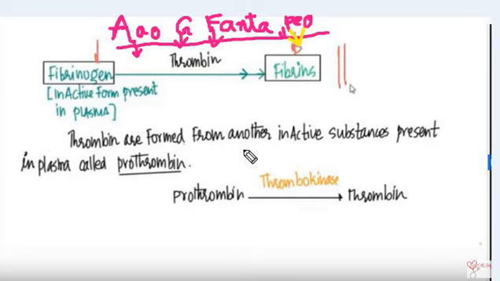Prothrombin is present as an inactive substance in the plasma, and it is converted into thrombin with the help of thrombokinase. This thrombin converts fibrinogen, the inactive form, into the active form, fibrin, the network of threads that helps in trapping blood cells or formed elements of blood.